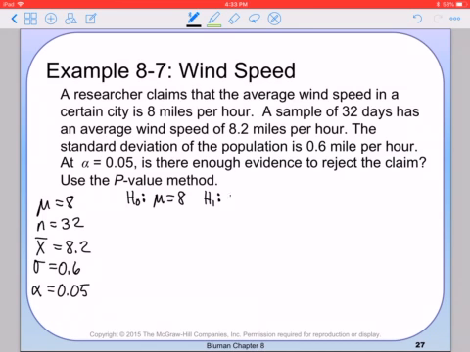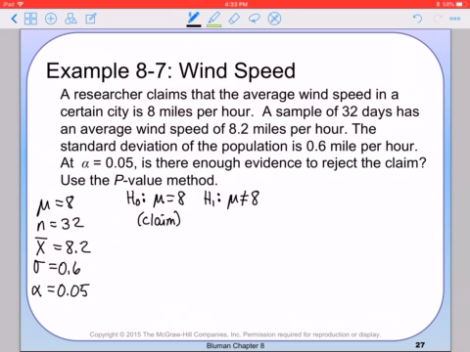So the alternate hypothesis is that it doesn't equal 8. This is the claim, right? We want to know, is there enough evidence to reject the claim?